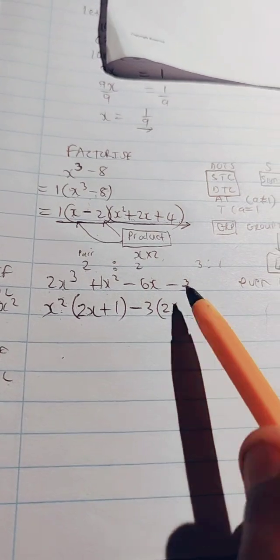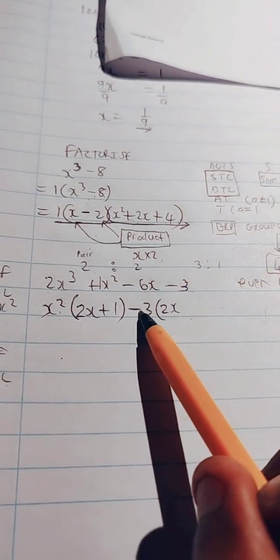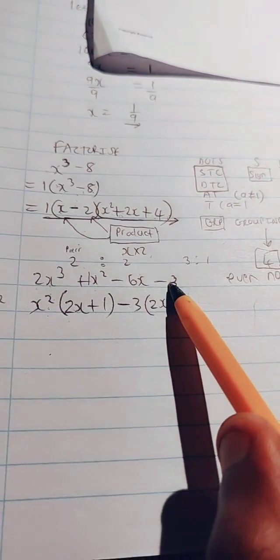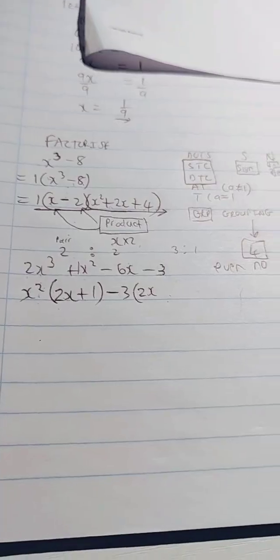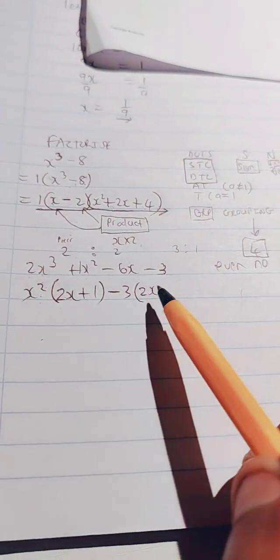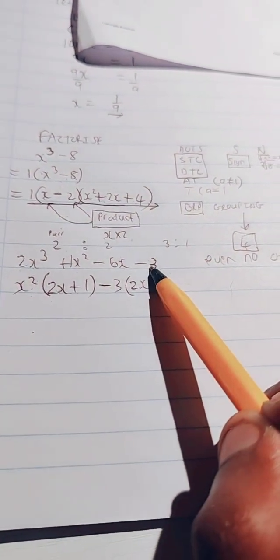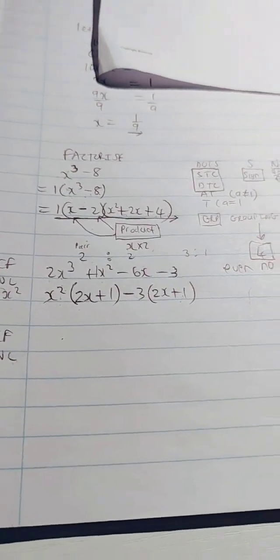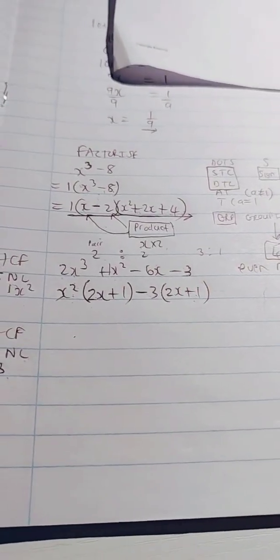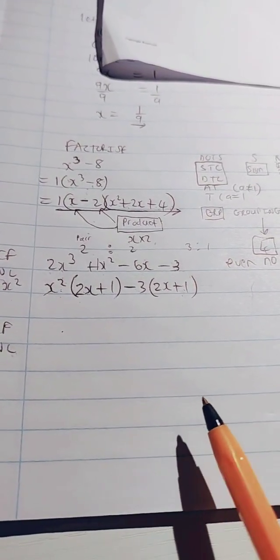Negative 3 times what gives you negative 3? A negative times what gives us a negative? What's the sign that's supposed to be inside there? Thank you, Itumeleng. It's plus 1. So it's a positive 1. No, it's not negative 1, Fen.